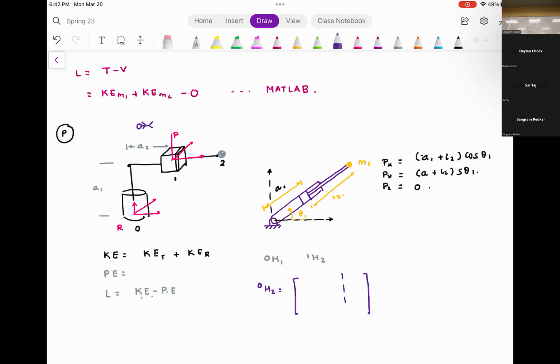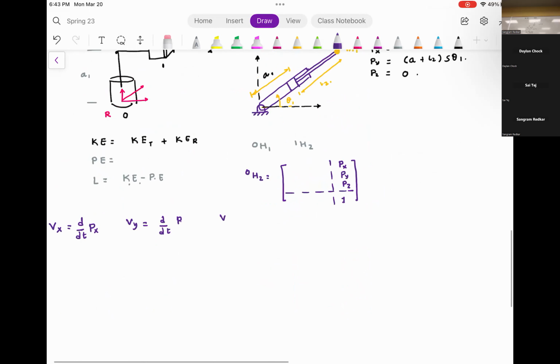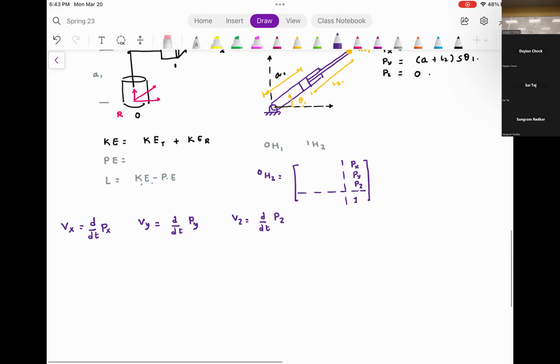And in 0H2, you are going to have Px, Py, Pz, right? You grab this Px, Py, and Pz. Take the derivative of Px, that is going to be Vx. d by dt of Py is Vy, and d by dt of Pz is Vz. So forward kinematics is to get the Px, Py, Pz, so you differentiate.